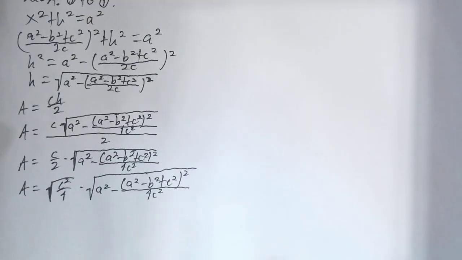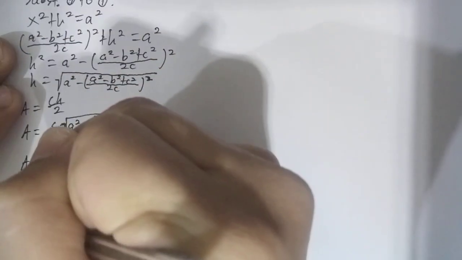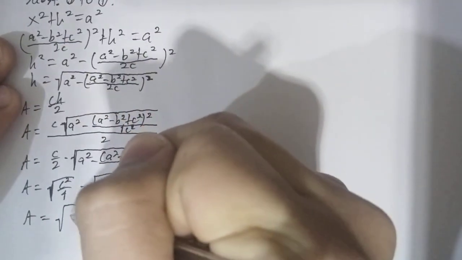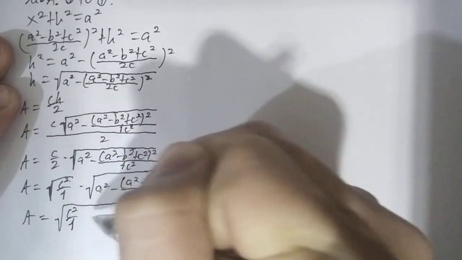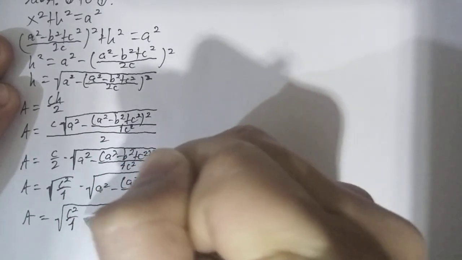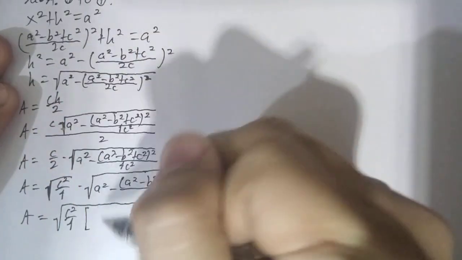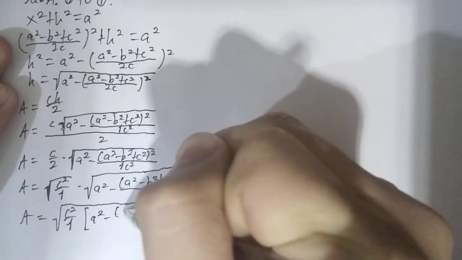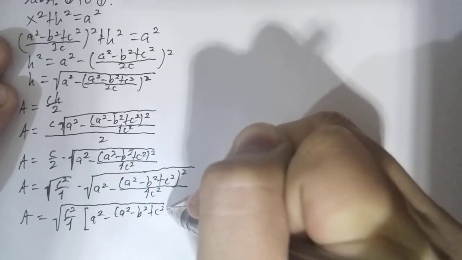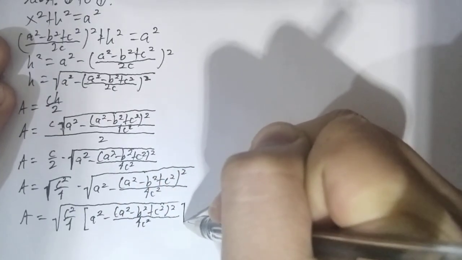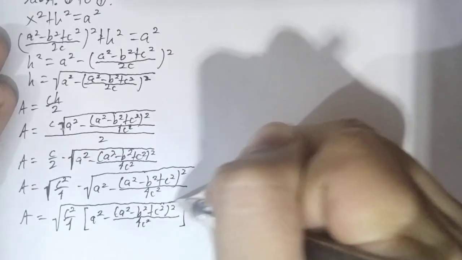Then, since both of them are raised to the same exponent, which is 1/2, that's the square root, we can rewrite this as A equals the square root of c squared over 4 multiplied by a squared minus the square of (a squared minus b squared plus c squared) all over 4c squared. Good.